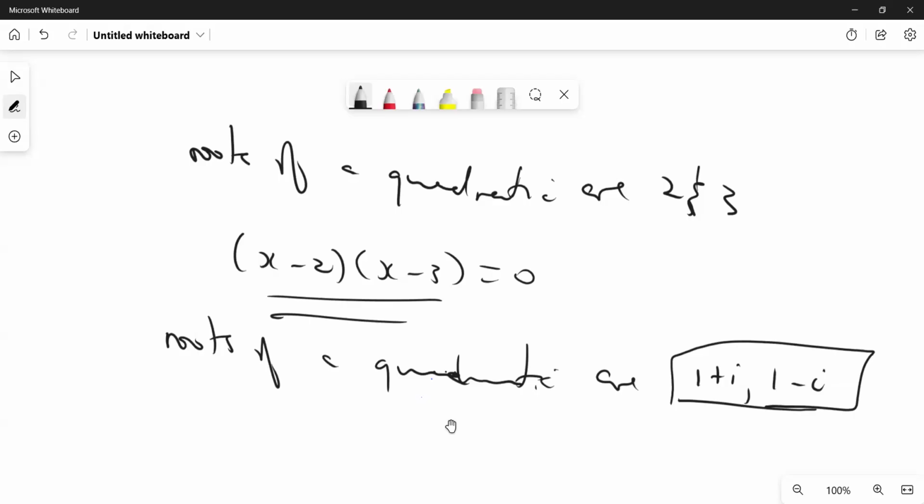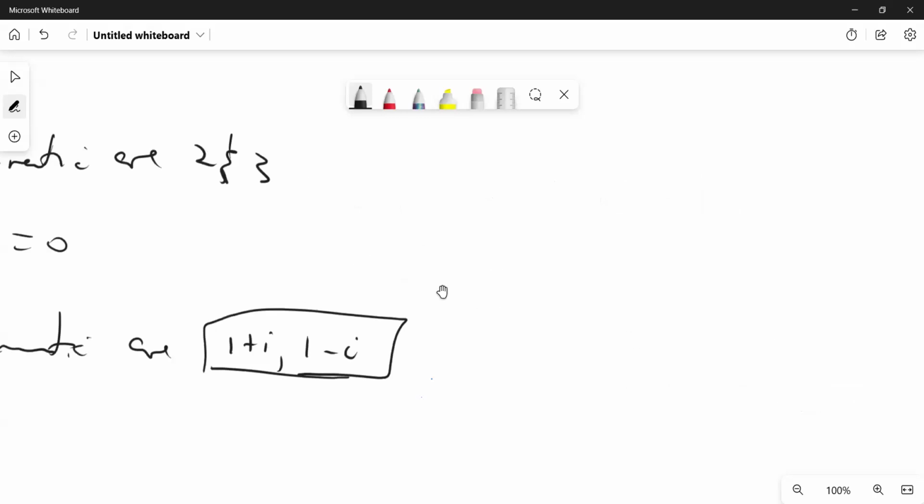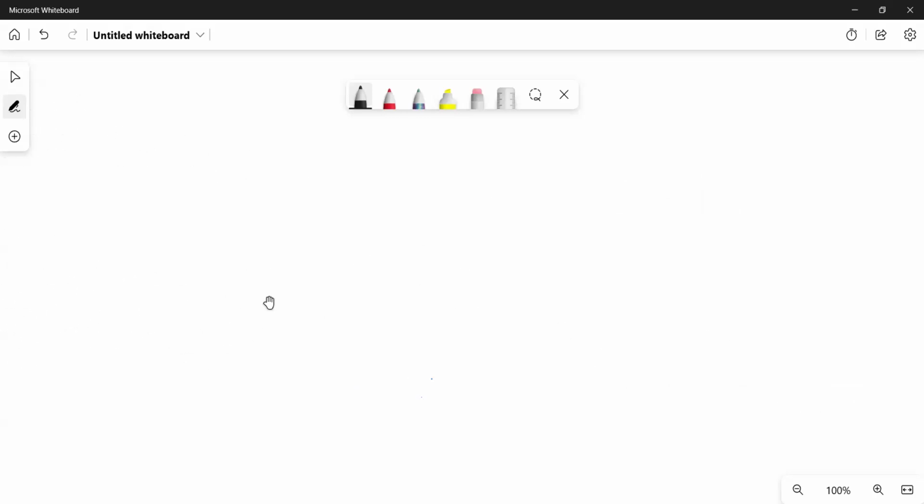Good. So one last thing I want to show you with complex numbers is how we represent a complex number on a diagram, just like how you can represent a real number on the number line, right?